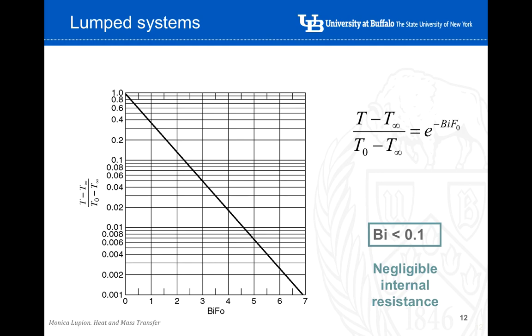We will assume that there is no internal resistance, and therefore we can directly apply this equation here, which is equivalent to this graph here. This graph is just the graphical representation of this equation. So in the x axis we have the Biot modulus and the Fourier modulus, and in the y axis there is the temperature at a given time minus the temperature at infinity over the initial temperature minus the temperature at infinity.